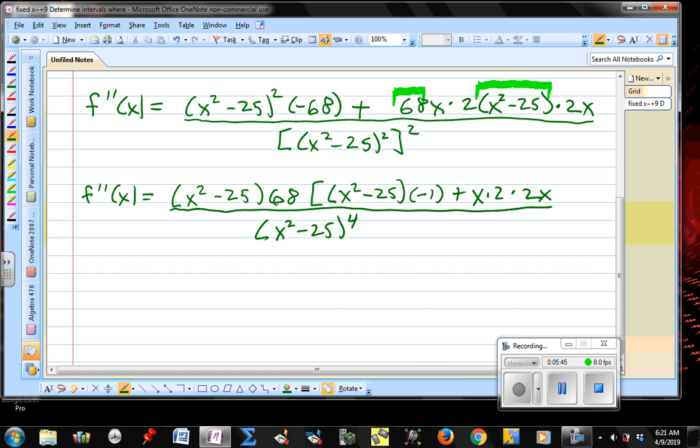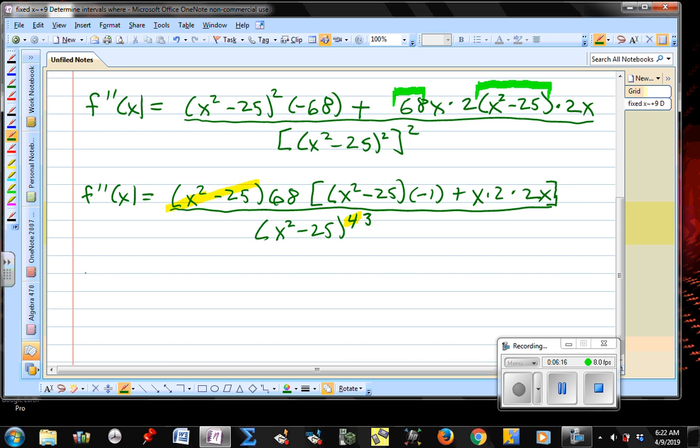Well, it looks like we might have some eliminating that we can do. One factor of x squared minus 25 in the numerator eliminates one factor of x squared minus 25 in the denominator.